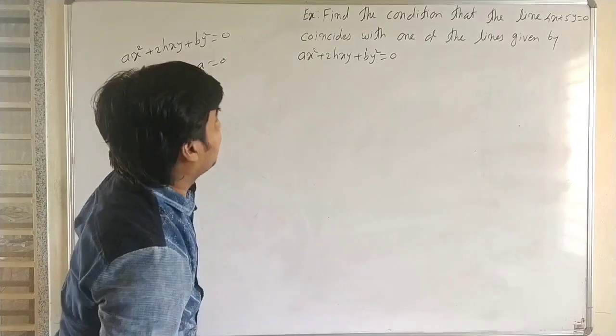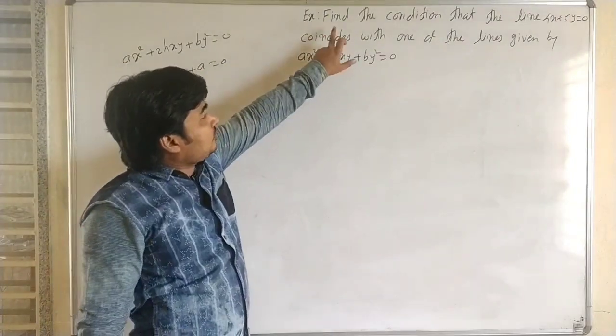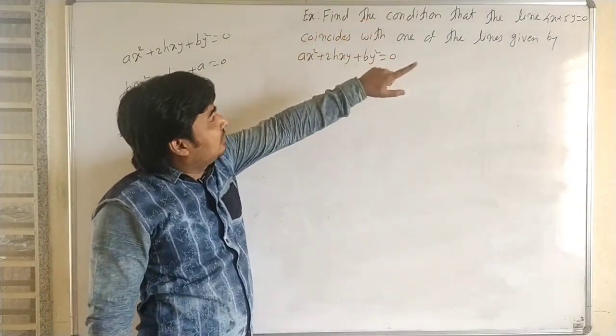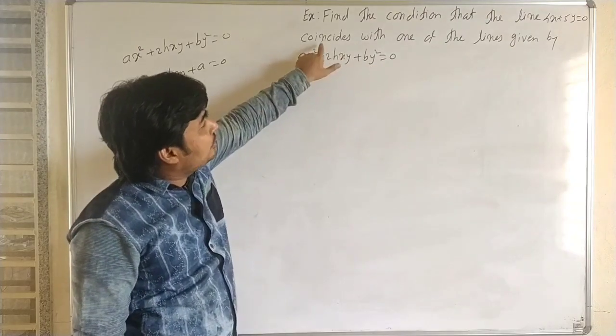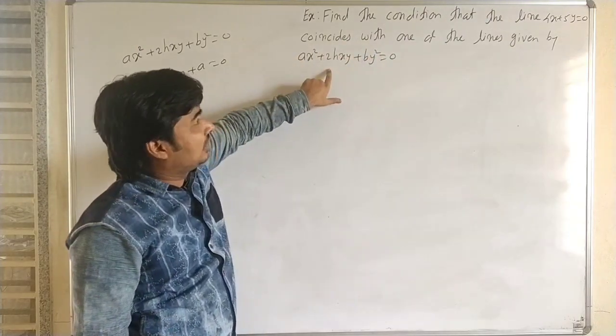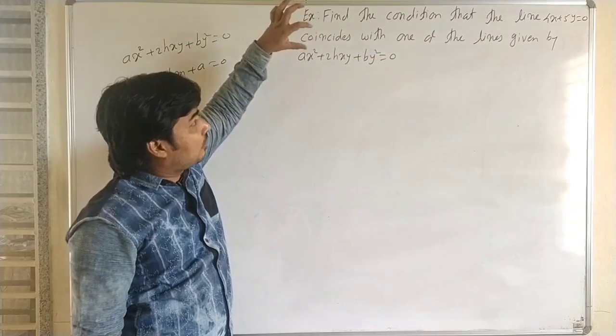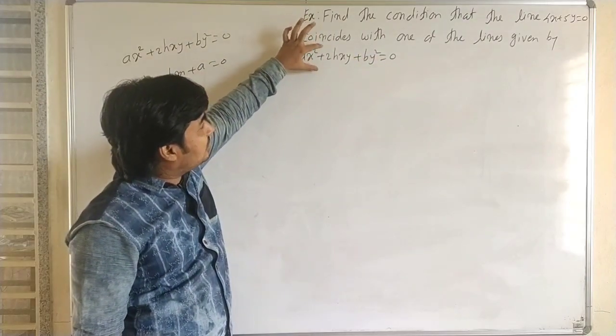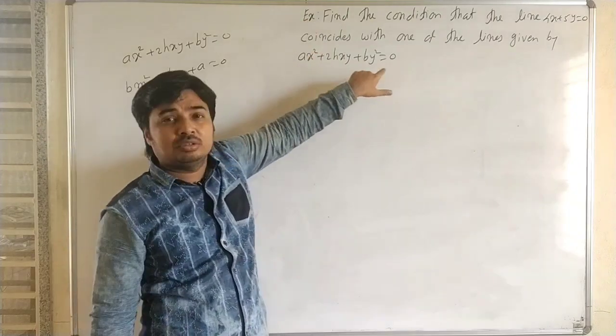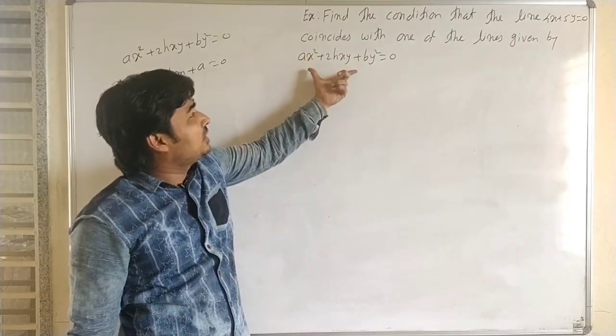Now, here, find the condition that the line 4x plus 5y coincides with one of the lines. Then 4x plus 5y equal to 0 is one of the lines which coincides with one of the lines represented by this equation.